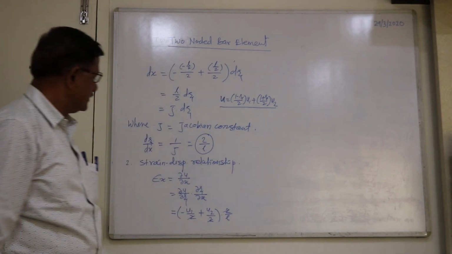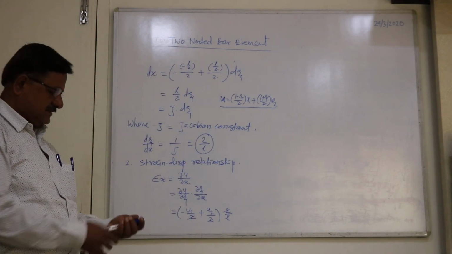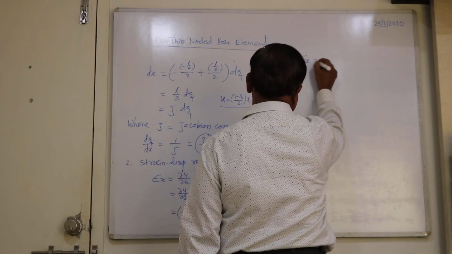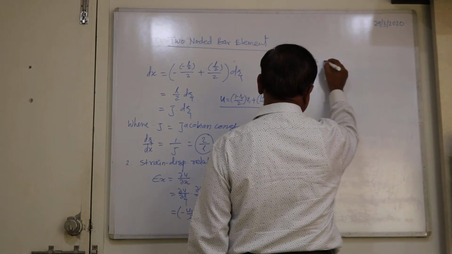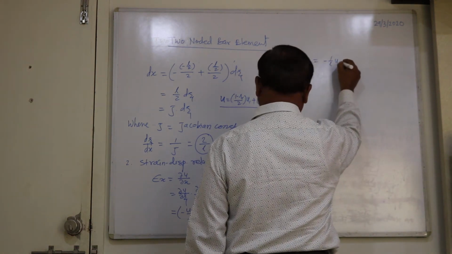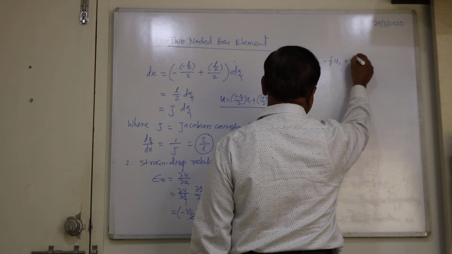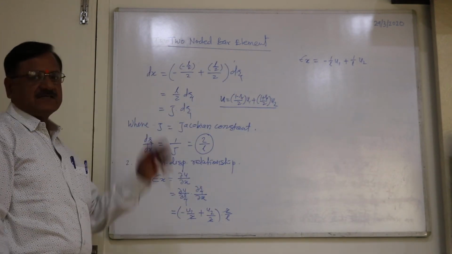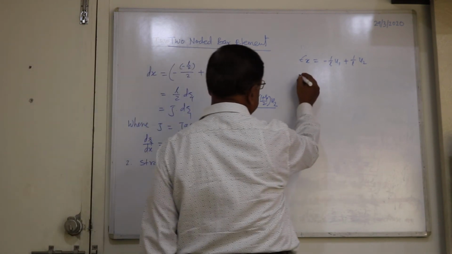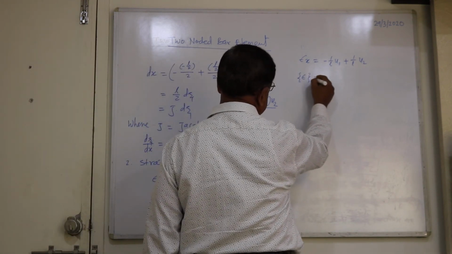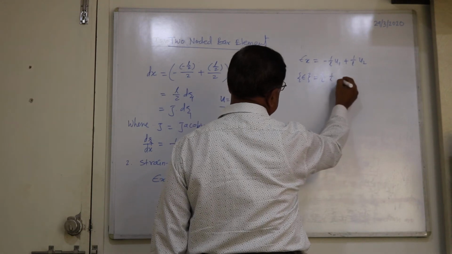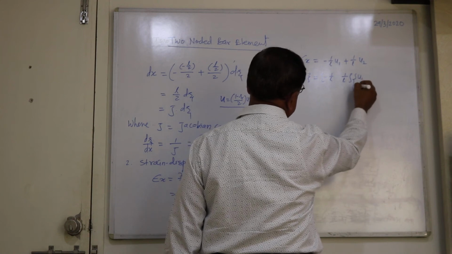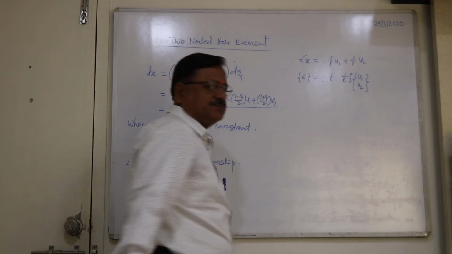Now next, let's simplify this. Epsilon x is equal to minus 1 upon L u1 plus 1 upon L u2. Now this is a strain displacement relation. In matrix form we can write strain equals minus 1 upon L, 1 upon L, times the displacement vector u1 and u2.